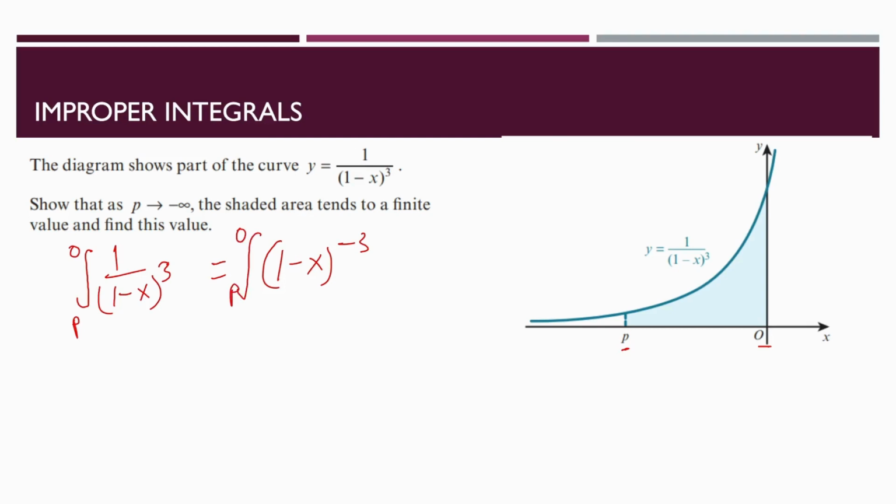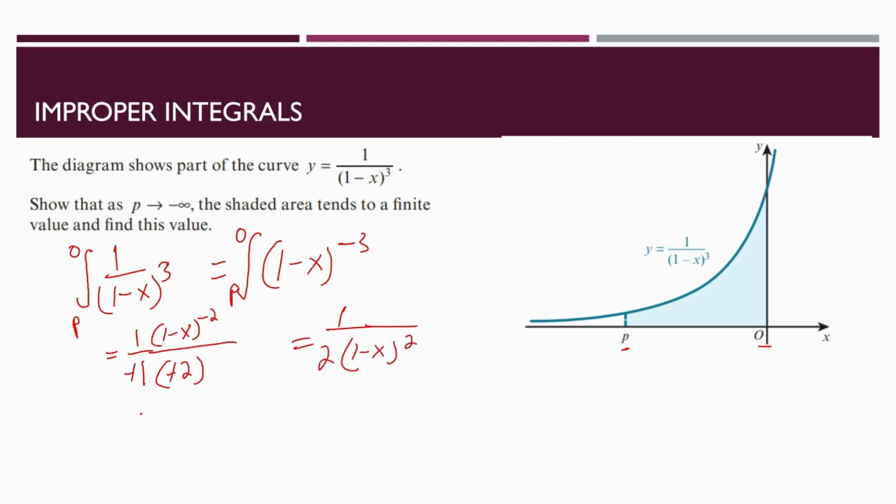Okay, so now we have to integrate. So we already know that 1 over the coefficient of x, so minus 1, into (1 minus x), and now the same thing over here. This is going to be n plus 1, which is minus 2. So this should give me 1 over 2 into (1 minus x) squared.